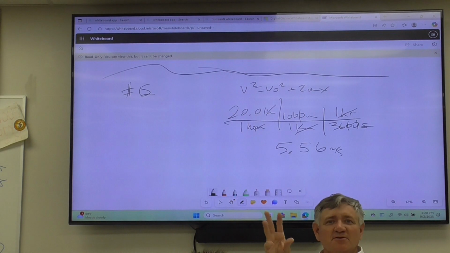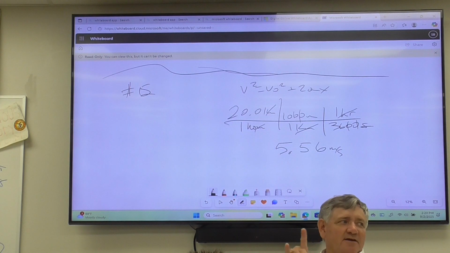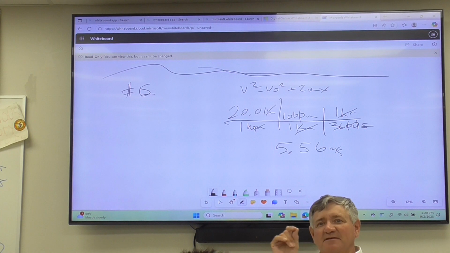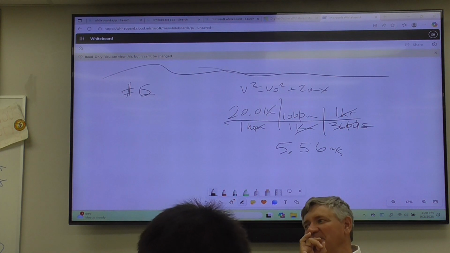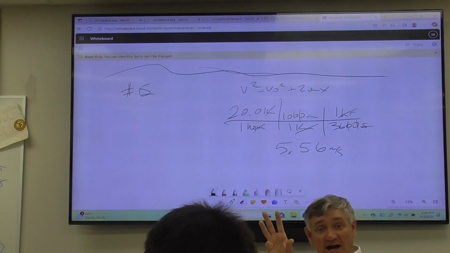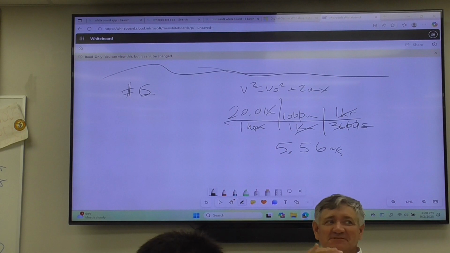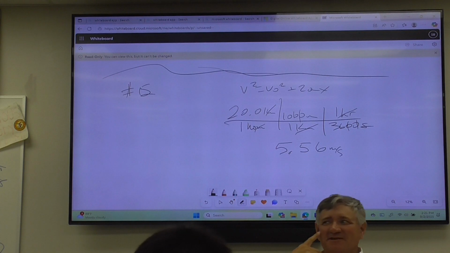Without changing the work. Let me give you all a hint when you take the test on Friday. If you flip the test over and look at the back, what are the odds that the odd answers are going to be on the back of the test? 0, okay? So you can use it as a guide, but if your answer is wrong, don't just change the answer. No, you did something wrong.